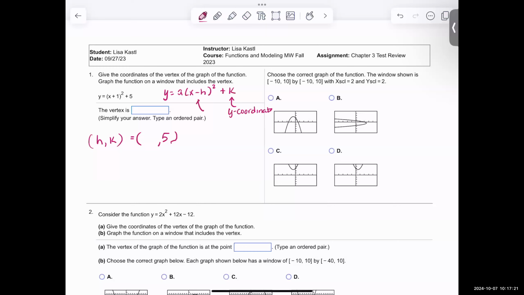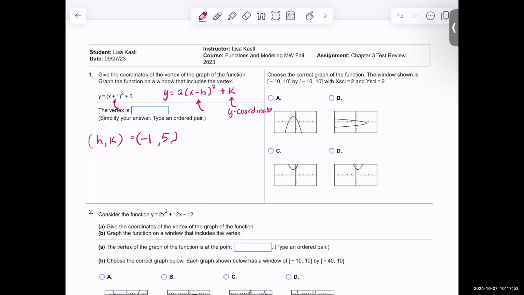But what's inside parentheses, you're subtracting the x coordinate. So whatever this is, the x coordinate of the vertex is going to be the opposite. So if it's plus, the x coordinate is minus. If it's minus, the x coordinate is plus because you're subtracting it. So is it -1? Yes.